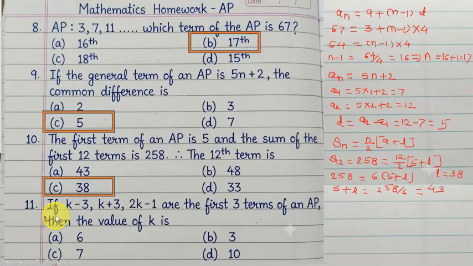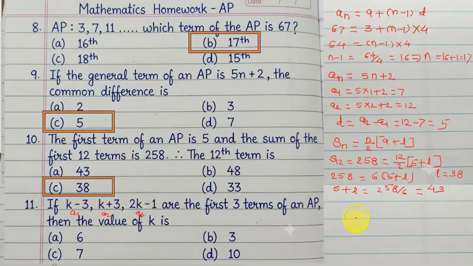Now next, if k minus 3, k plus 3, 2k minus 1 are the first three terms of an AP, then the value of k is? As these are the first three terms, we denote them A1, A2, and A3.